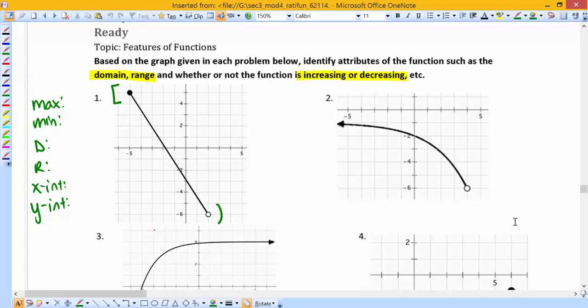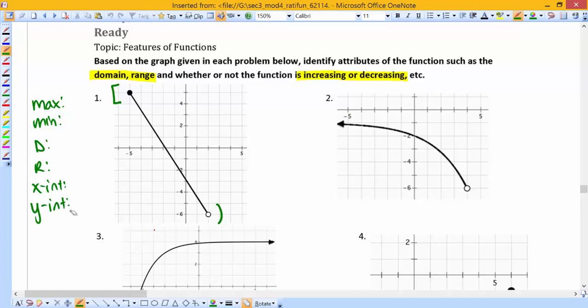Just a quick run through on some features that you really should be describing: max and mins, so the highest point and the lowest point. Domain and range. Don't forget, domain is your x values, range is your y values.